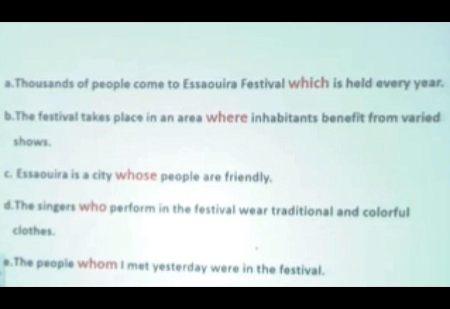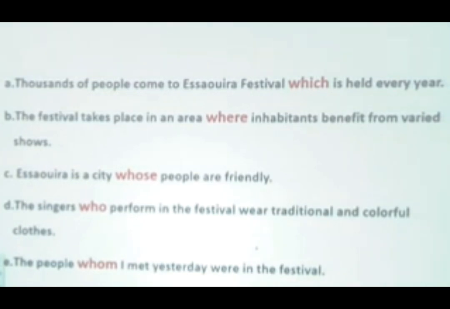The festival takes place in an area where inhabitants benefit from varied shows. So where, that's place, and then Essaouira is a city whose people are friendly. So the people of Essaouira city are friendly.